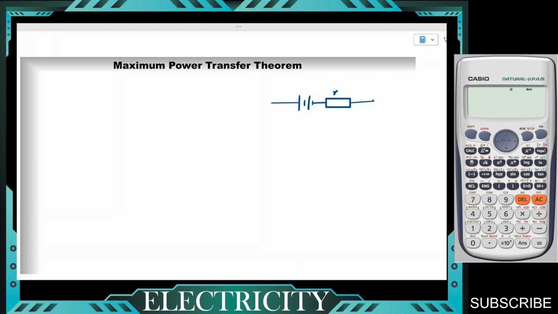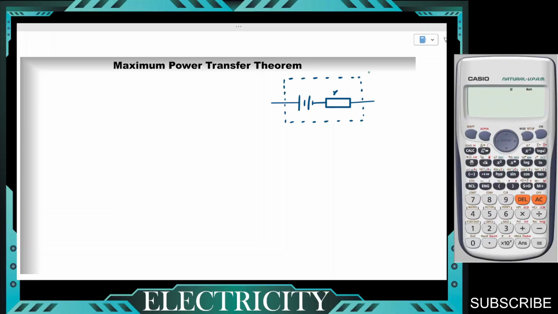Now this whole thing makes up the battery. So we represent this with a dotted rectangle. This whole thing makes up the battery, because the internal resistance is also a part of the battery, or it could be any source.